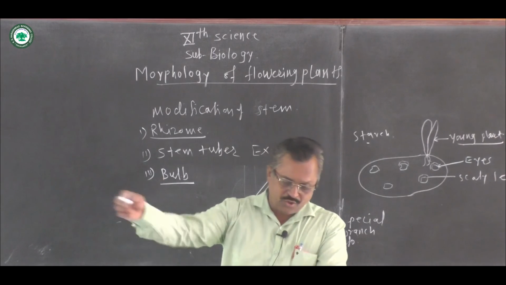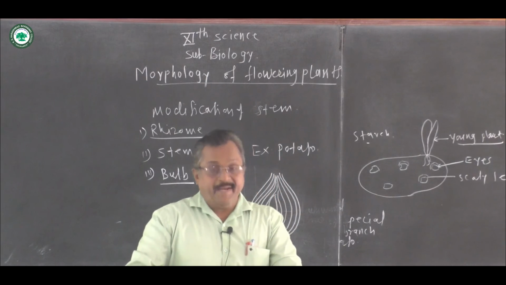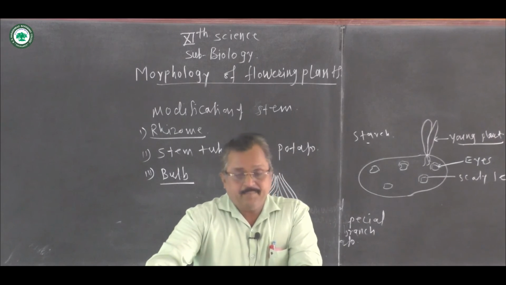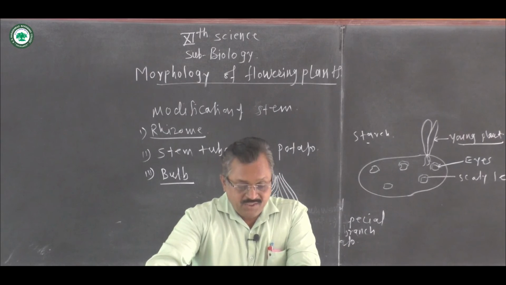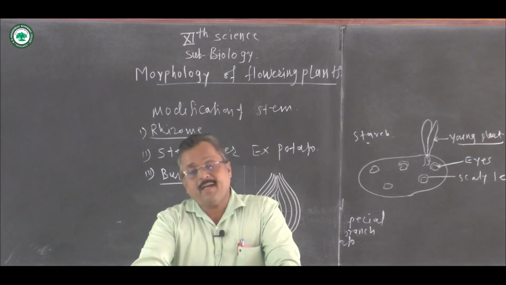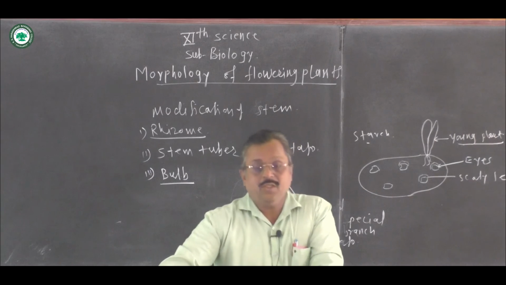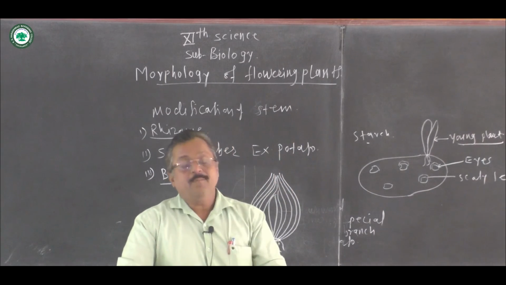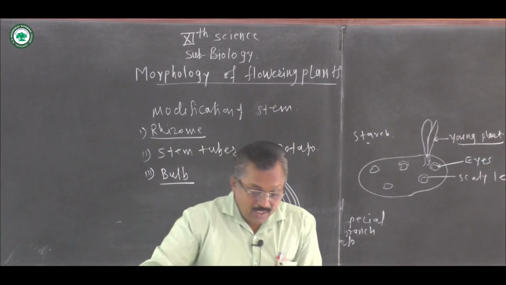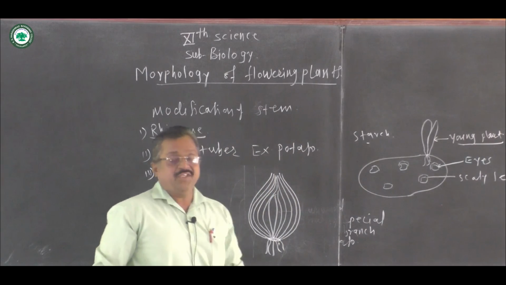The scaly or fleshy leaves show concentric arrangement over the stem. These store the food material. Some outer scaly leaves become thin and dry, and perform the function of protecting the inner part of the stem.